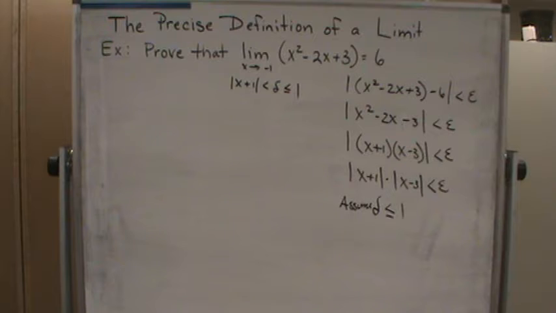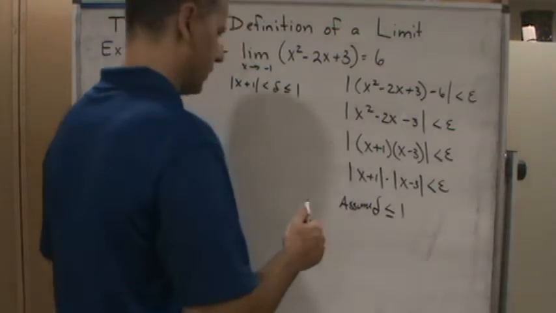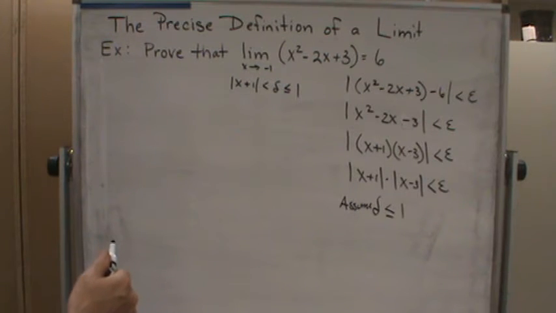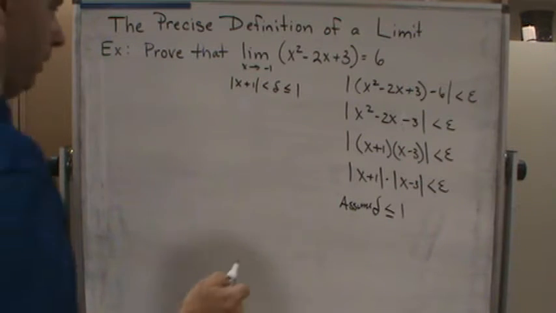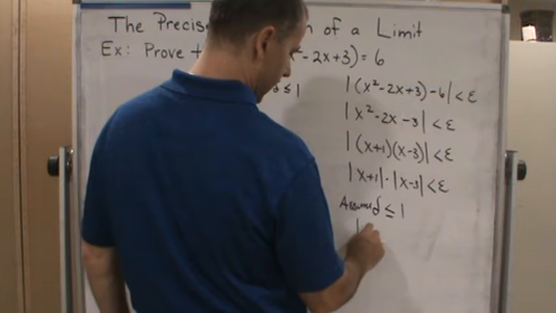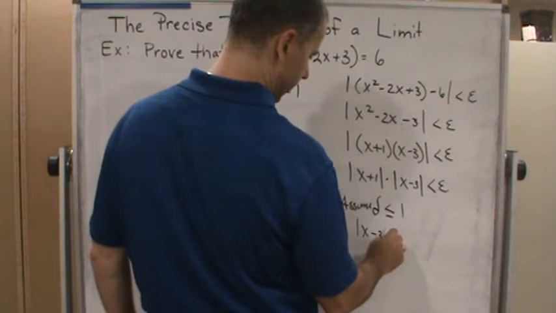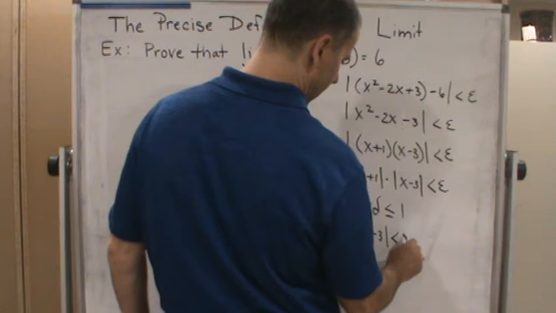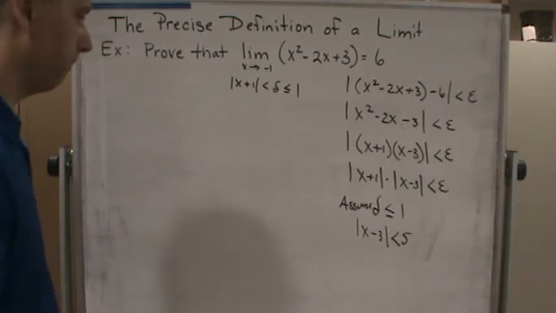Well, then the consequence, obviously, is that the absolute value of x minus 3 is going to be less than 5, right?